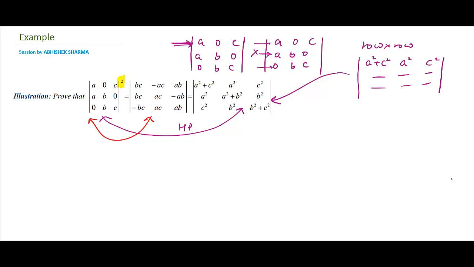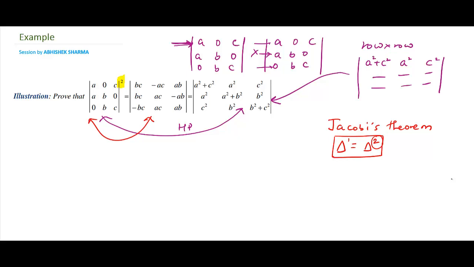Apart from multiplication, the squaring will also suggest one more method, which is the use of Jacobi's theorem, which states that if I replace the elements of a third order determinant with the corresponding cofactors, then the value of the new determinant is the square of the original determinant. So whenever I look at this square, another dimension where you can think of is Jacobi's theorem.